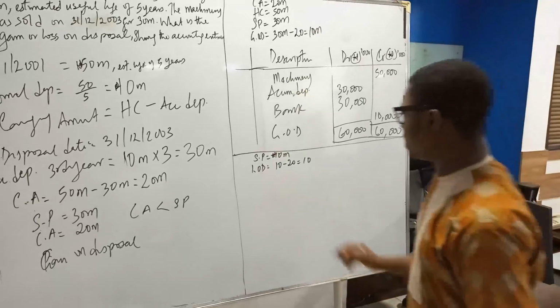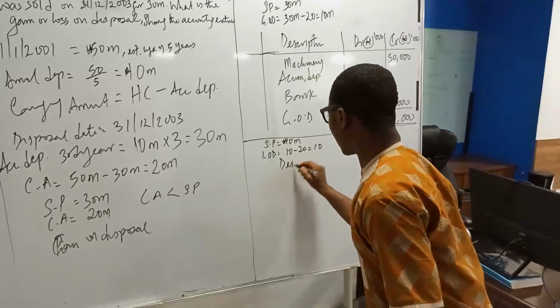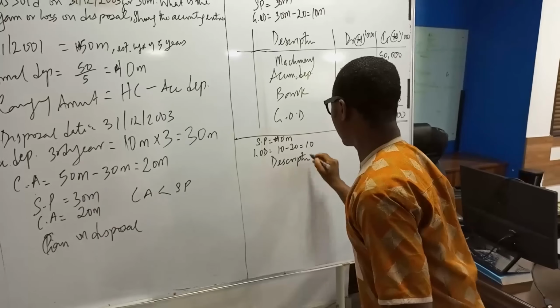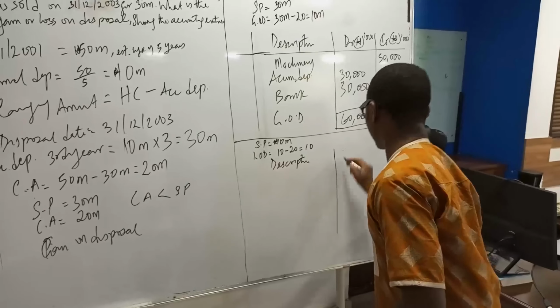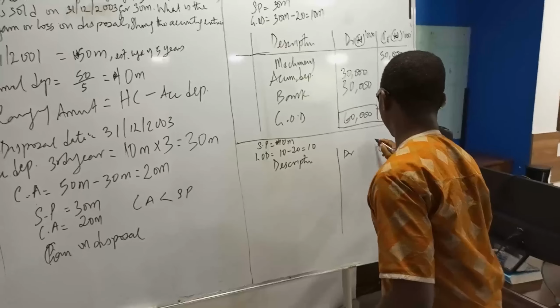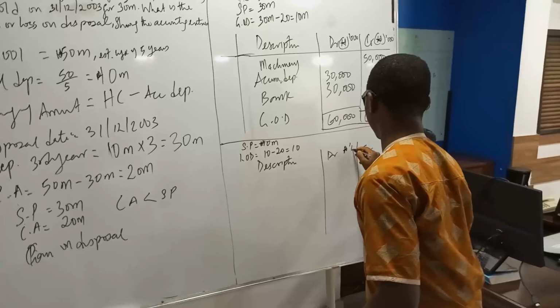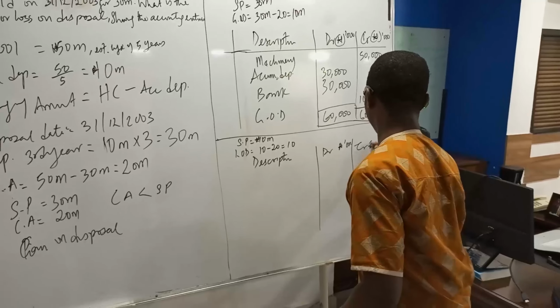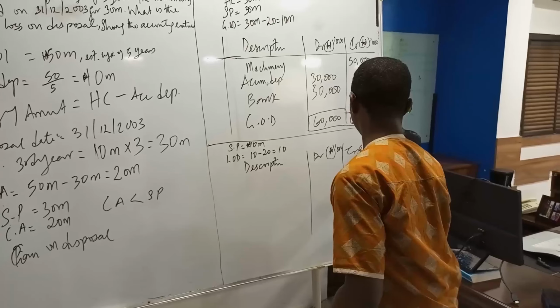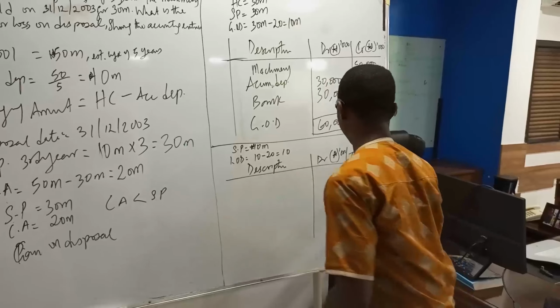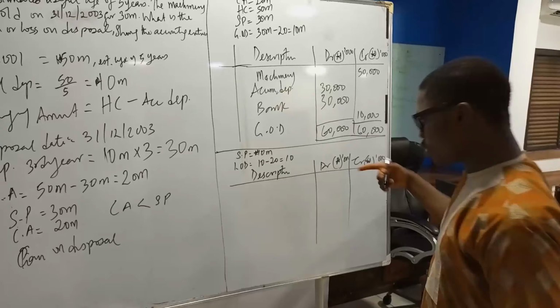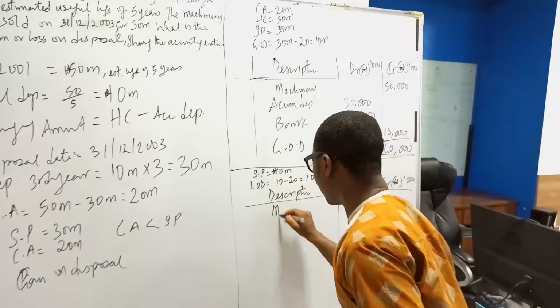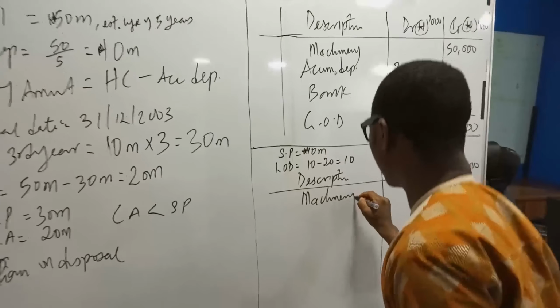Putting this in the books of account, the same thing, we need to recognize the machinery by crediting the machinery account.